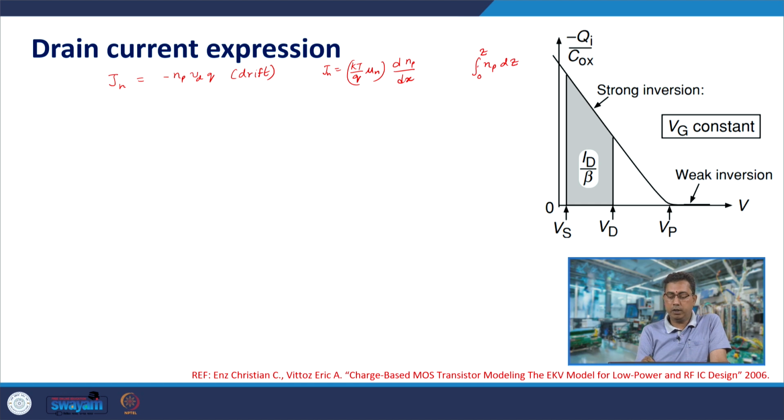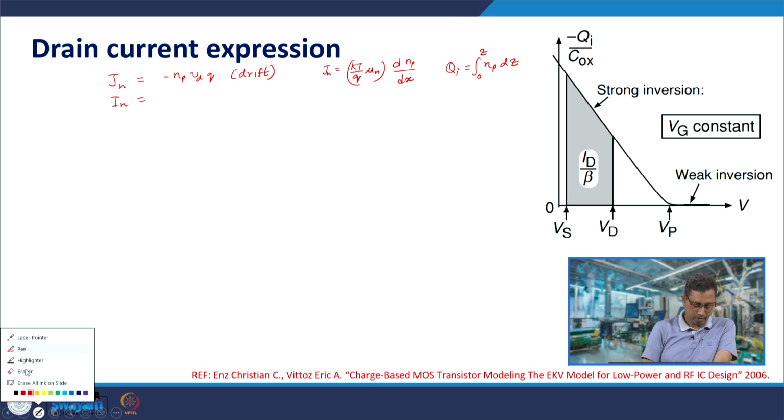If z is the depletion width, this we would call Qi, the inversion charge density per unit area looking from the top. Then how does this convert into current, which we would like to call ID, because it is a drain current?